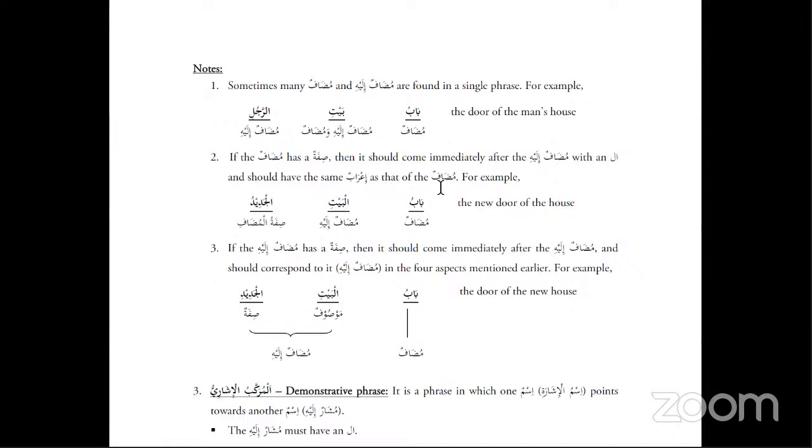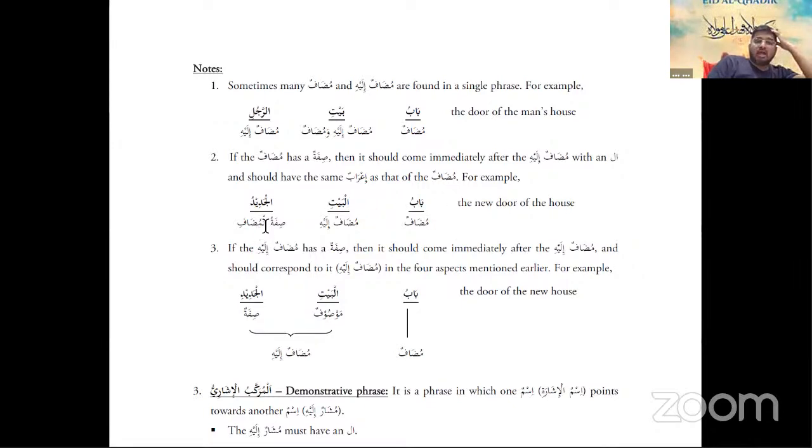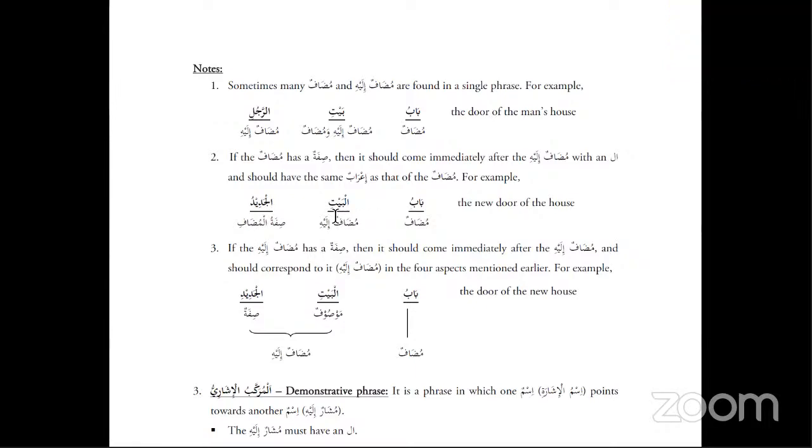Example, babu al-bayti al-jadidu, the new door of the house. Here, the word al-jadidu is coming as an adjective for the door. Sifa, mawsuf. Correct.